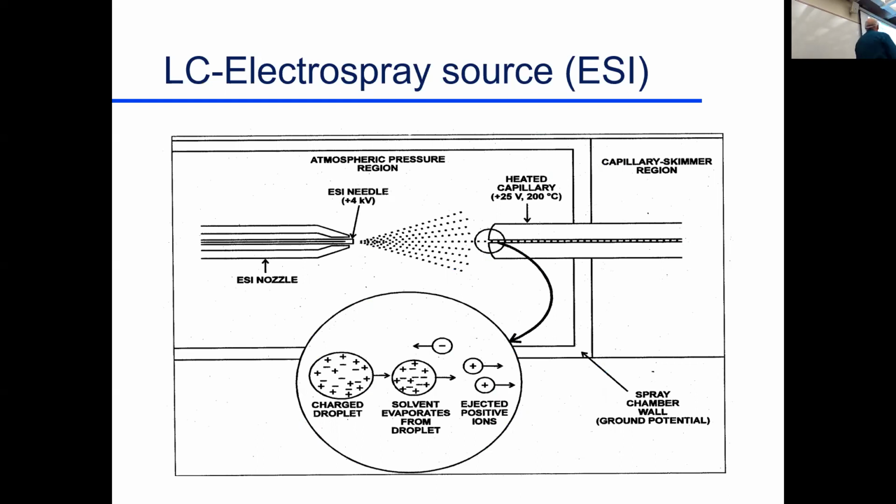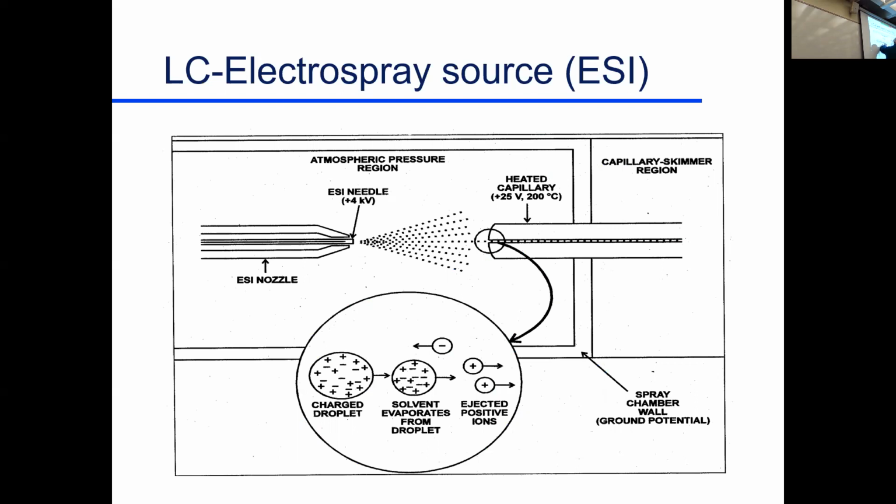There we go. And so this is basically what you're talking about. And so you will have the effluent coming from your LC that comes out into the system. So this is under a fair amount of vacuum already. So you're putting liquid into a vacuum.